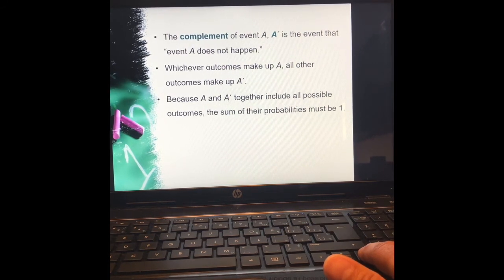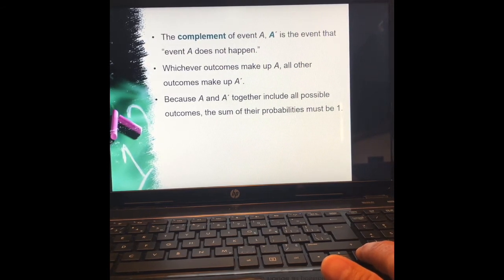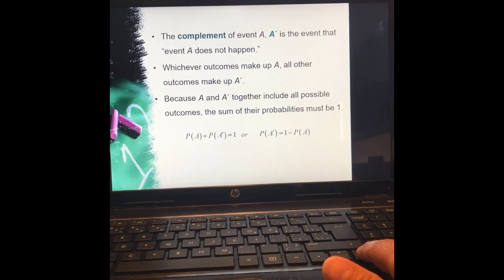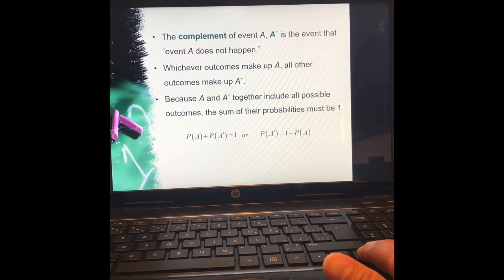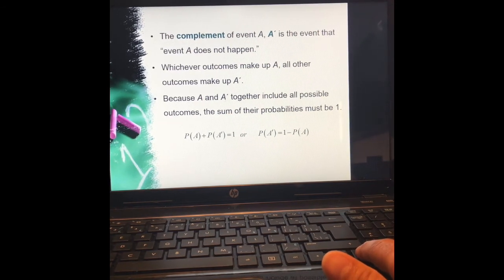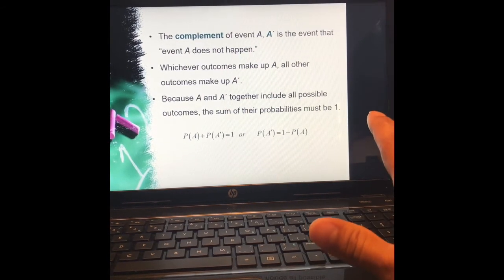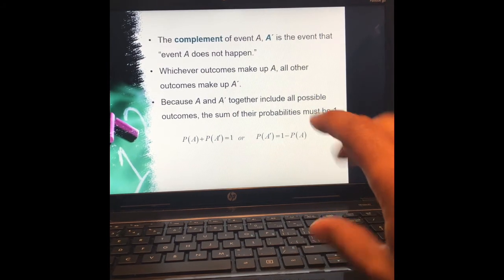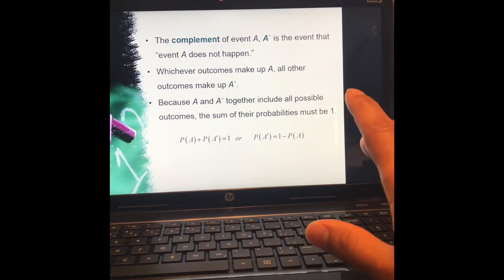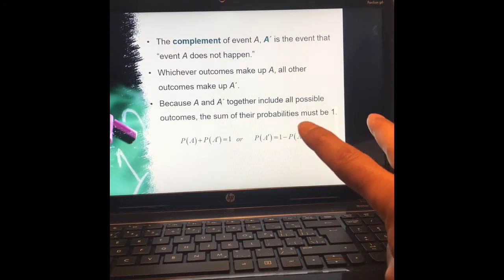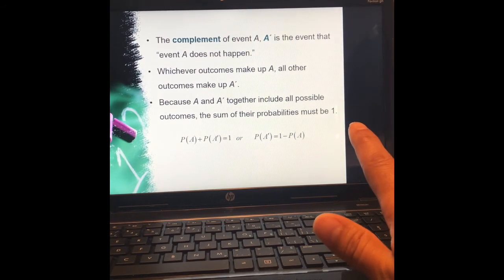So you can use the idea of 1 minus to solve problems. Essentially, the event you want and all other events. The event you want is event A, and all other possibilities is not A. The combination of that has to add up to 100%.